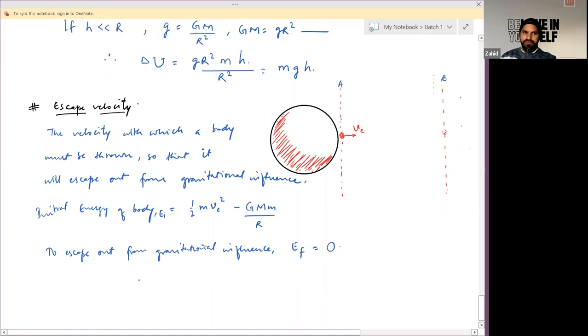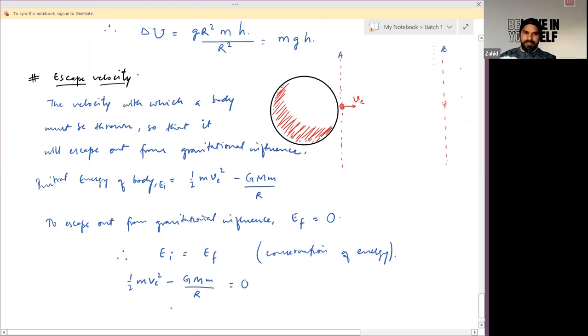So according to conservation of energy, we can say energy initial equals energy final. Put the value of each term. So we have half mv square minus GMm by separation equals 0. Move this second term to the right side. On solving, you will get the root under 2GM divided by r.